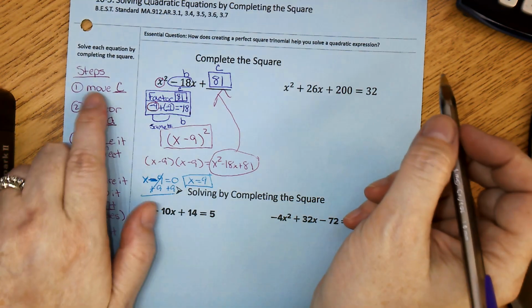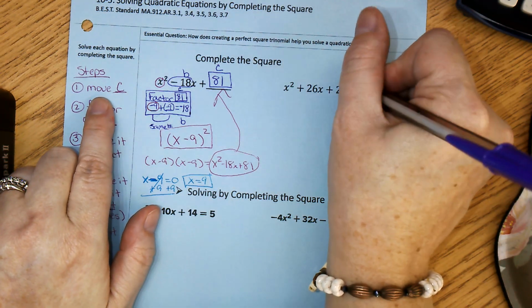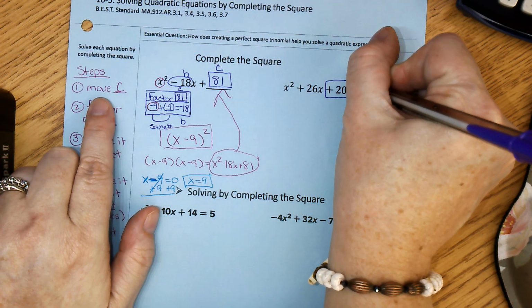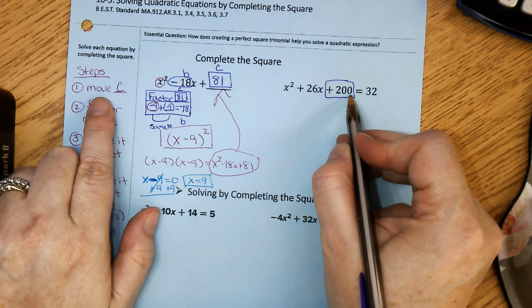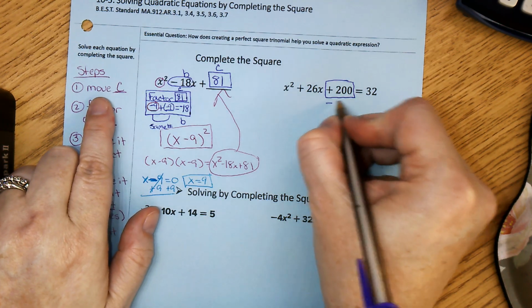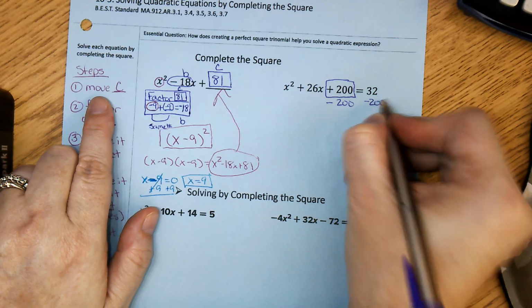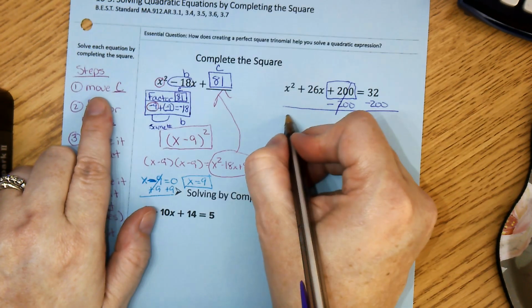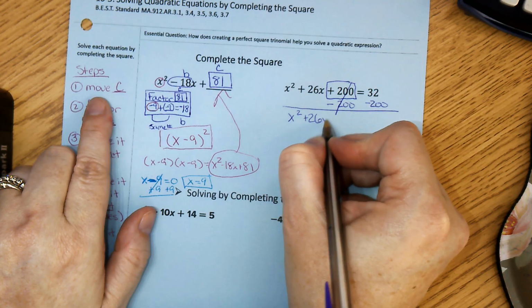All right. Step 1, move C. Here's my C. We're going to mathematically move it. So plus 200, mathematically move it, minus 200. What you do to one side, you have to do to the other. So x squared plus 26x.